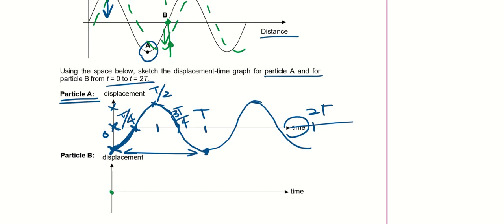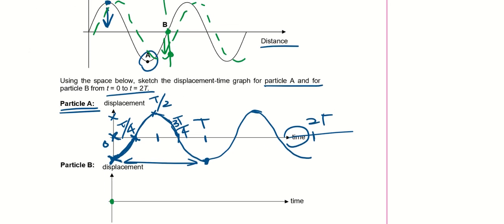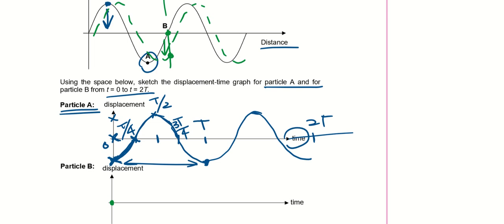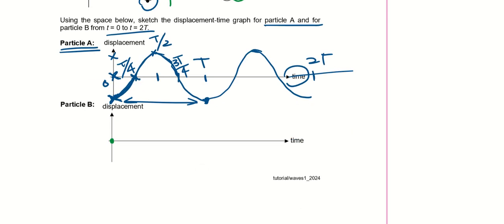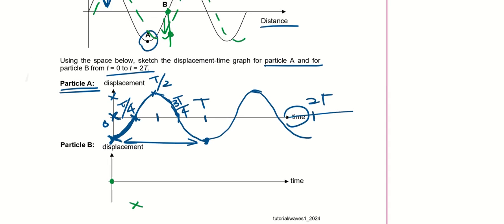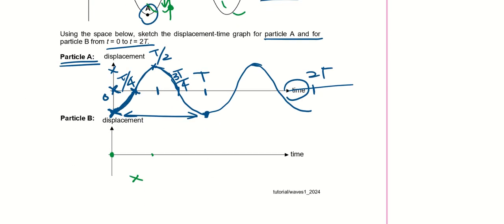So initially B is going to be here. One step later it goes down to the lowest point, then it will go up to the highest and then back to original, and this will be a complete wave. You see that it forms a complete wave? But they want 2T, so they need 2.